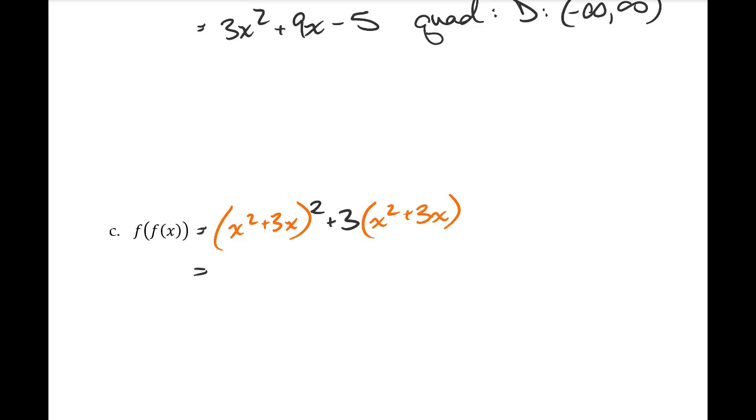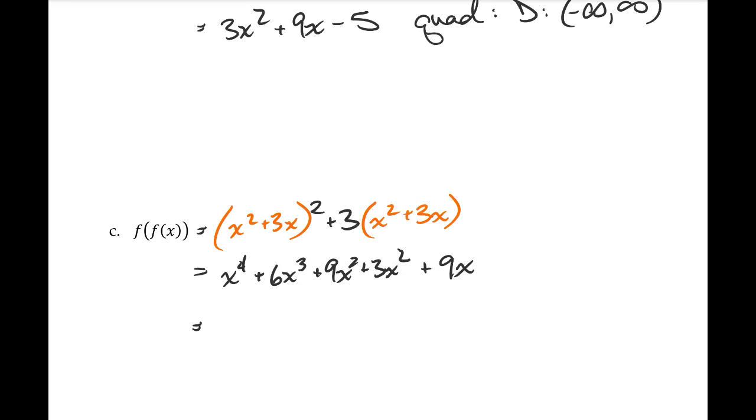Again, I would want to try and combine like terms as much as possible. So I'm going to multiply this out. x cubed plus 9x plus 3x squared. Oops, that's 9x squared plus 9x.